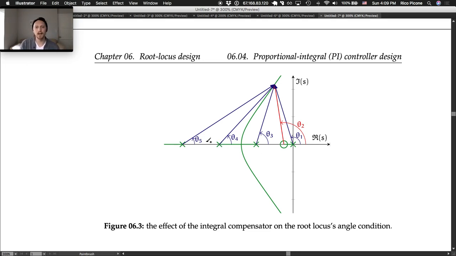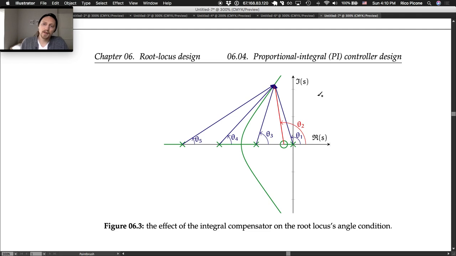We see there are 3 poles and no zeros, so there must be 3 zeros at infinity. There are 3 asymptotes, if you were to calculate them, at pi over 3, pi, and negative pi over 3. So it's going to be this angle, that angle, and this angle that the root locus goes to.